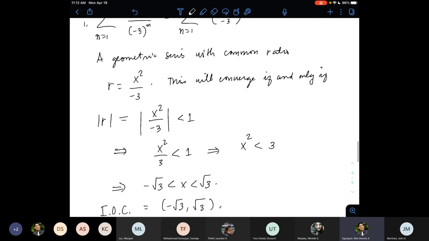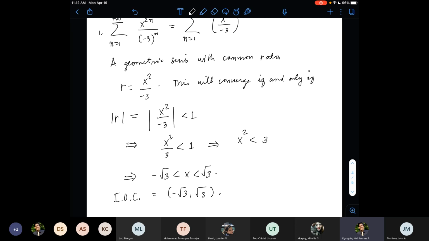I use the fact that this is a geometric series, and I know that a geometric series will be divergent when the common ratio is equal to 1. So I'm using the geometric series test here. Then I don't need to check the endpoints because a geometric series won't converge at the endpoints. But you're right. If you're using the ratio or the root test, you would need to test at the endpoints, and we'll see some examples of that later.